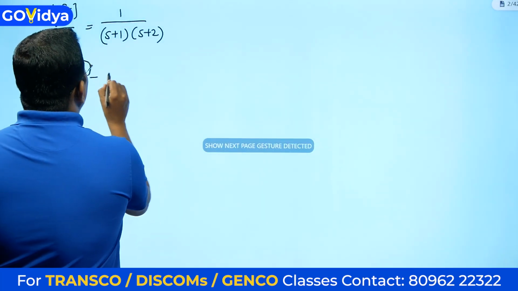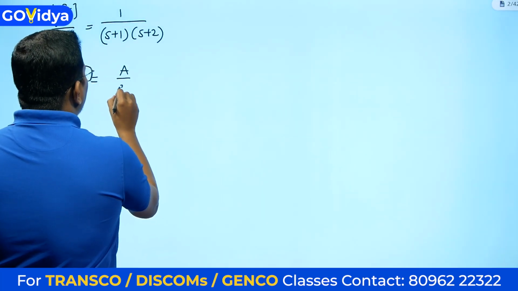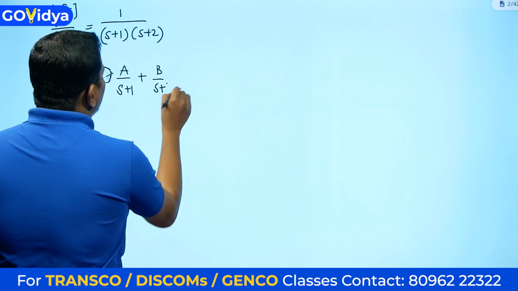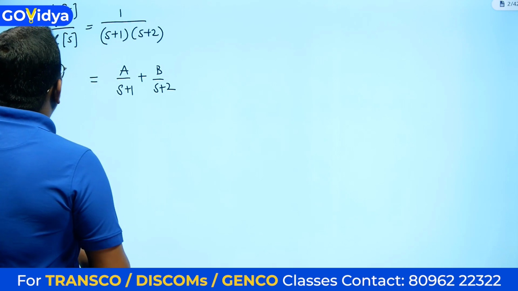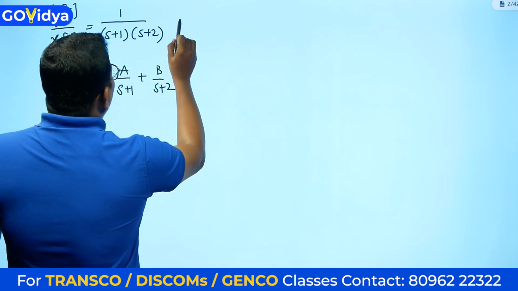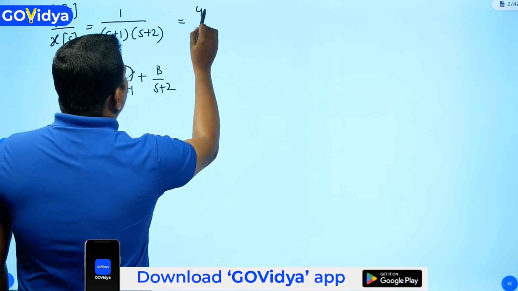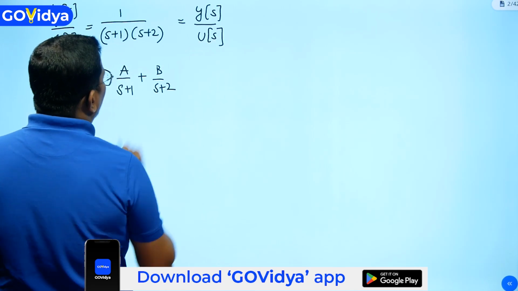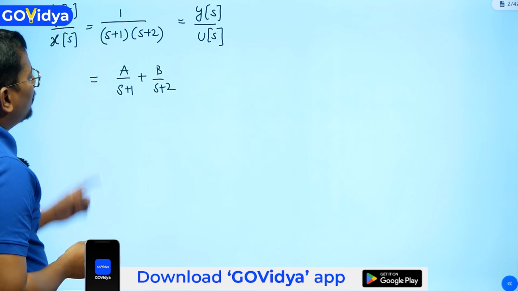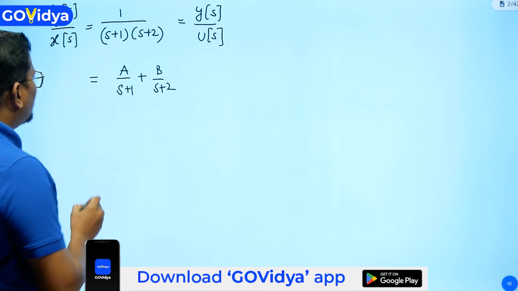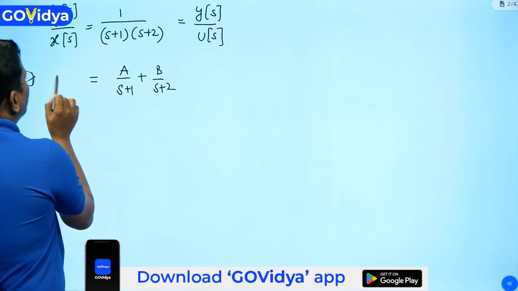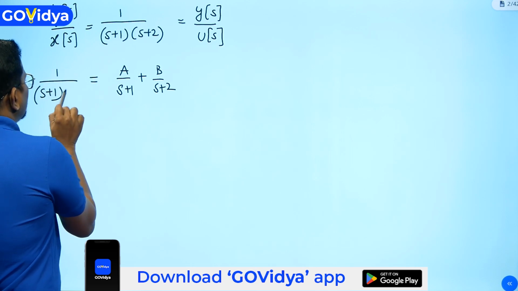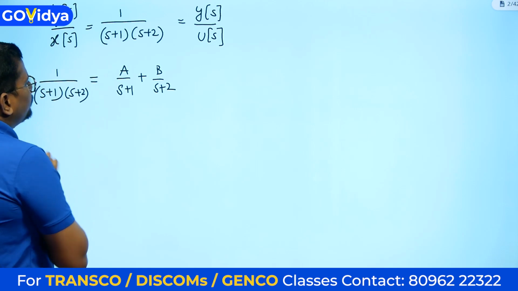Now, tell me this. Can I write it like A by s plus 1 plus B by s plus 2? Here x of s is nothing but u of s. Now can you calculate what A and B values are? For that, this is 1 upon s plus 1 into s plus 2.